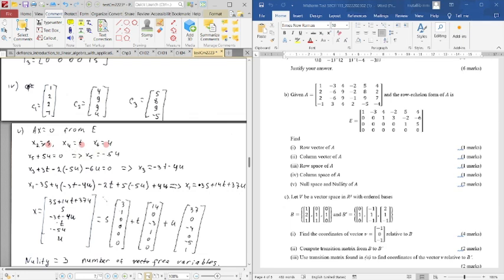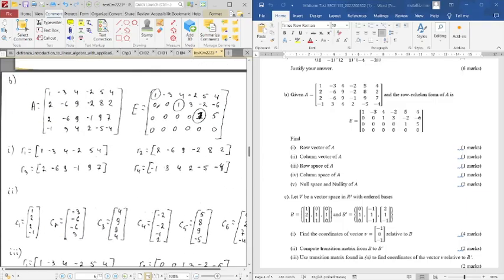Because these variables are called free variables, because when you see, they are not the first non-zero in the row. So this is first, and as you can see in x2, we don't have non-zero leading elements. So our free variables would be this, second, fourth, and sixth.